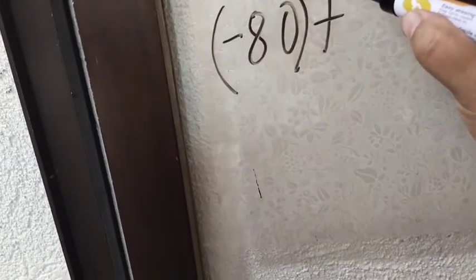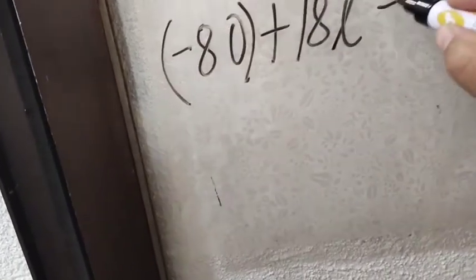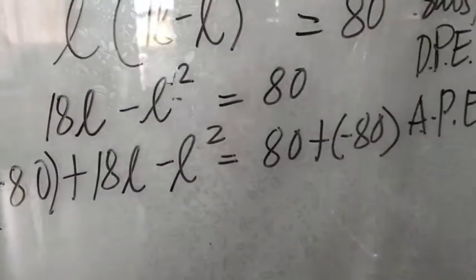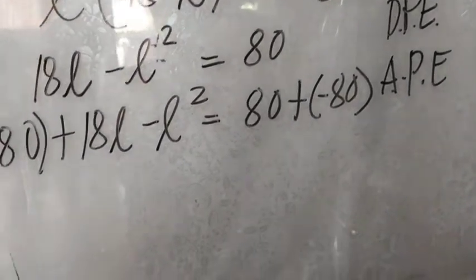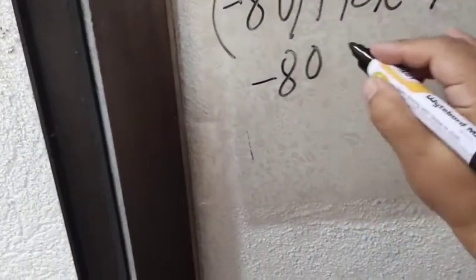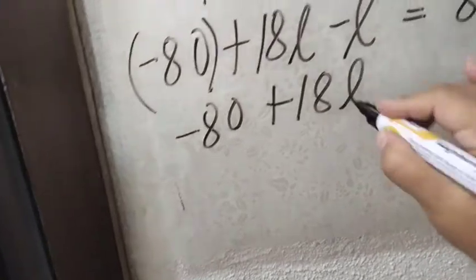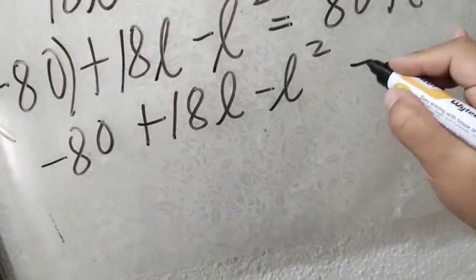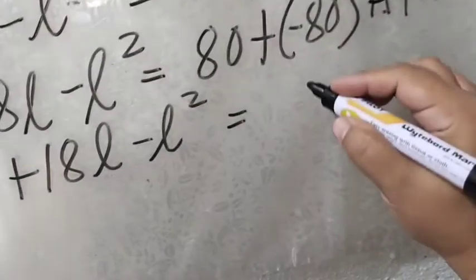So, negative 80 plus 18L minus L squared is equal to 80 plus negative 80. Then, it gives you negative 80 plus 18L minus L squared, and 80 plus negative 80 is 0. Meron na tayong quadratic equation.